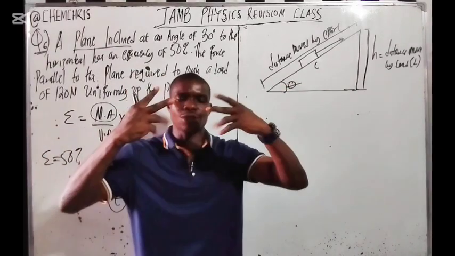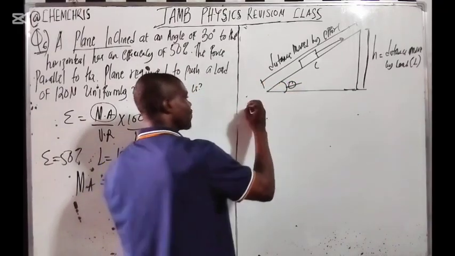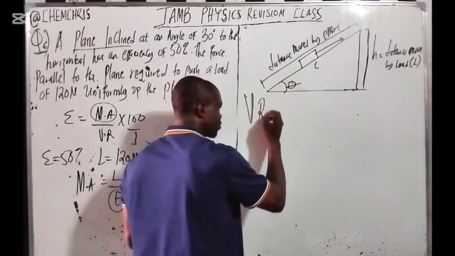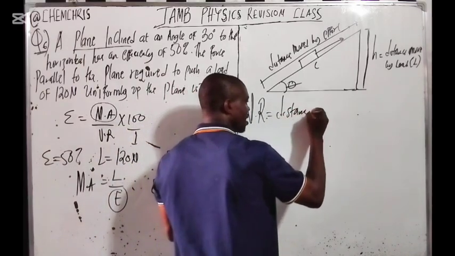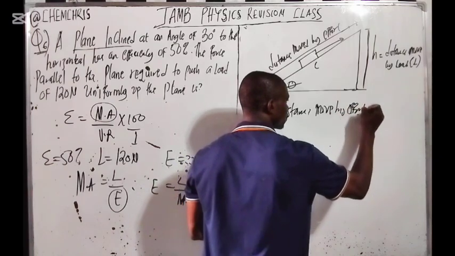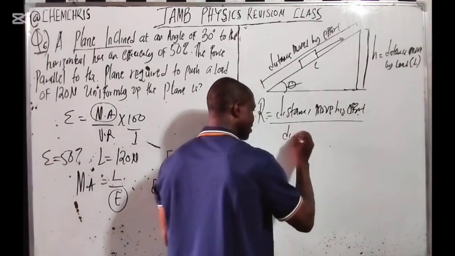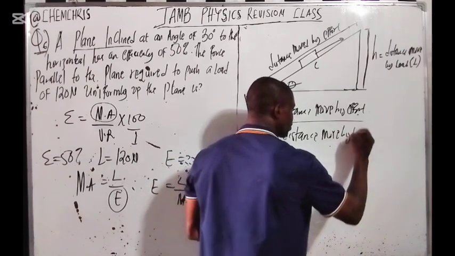So now there are two formulas for velocity ratio when it comes to the inclined plane. The first one: remember, what is velocity ratio? Velocity ratio is the distance moved by effort over the distance moved by load.